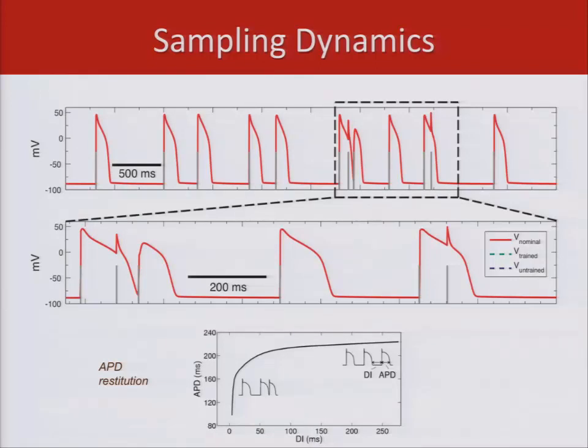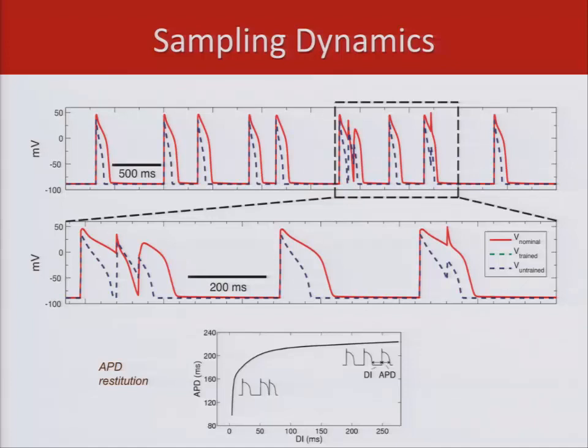The part of the dynamics this explores is that as the beats get faster, or you have closer beats one after another, you have a shortening in the action potential duration. So for example, this is shorter than the previous action potential. This is important, for example, when you're running or exercising, your heart needs to beat faster, there needs to be compensations.